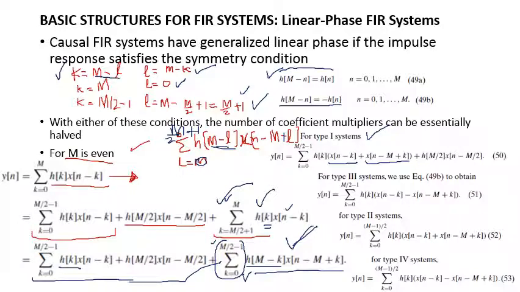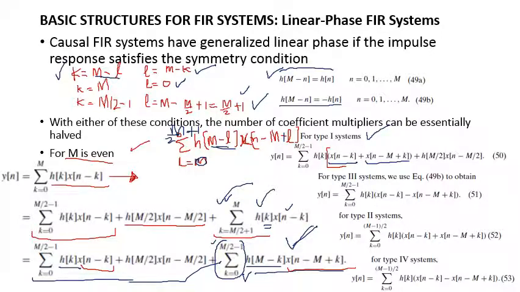We can take the summation common, and also h of m minus k, because h of m minus k is the same as h of k. So we are left with x of n minus k and x of n minus m plus k. Okay, so we can just add them here.